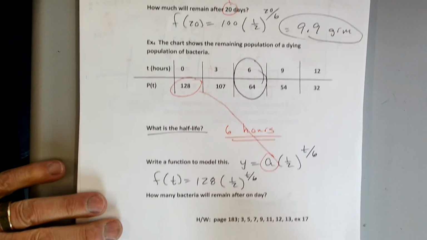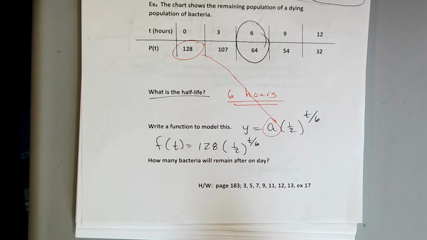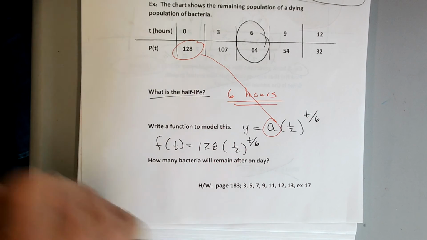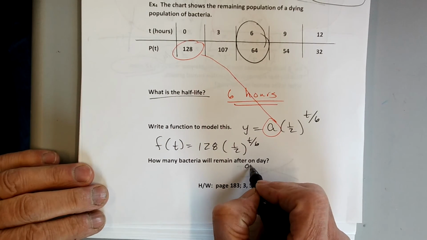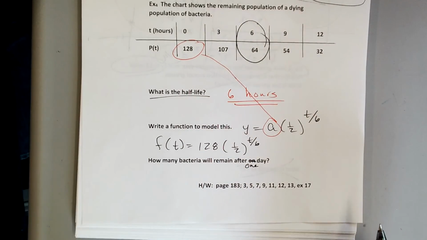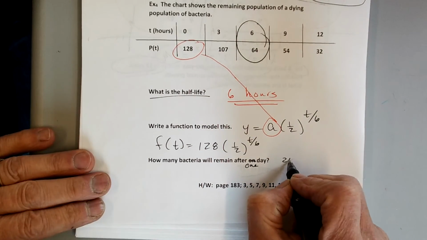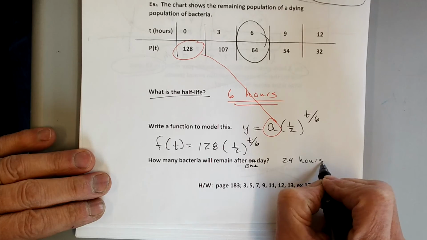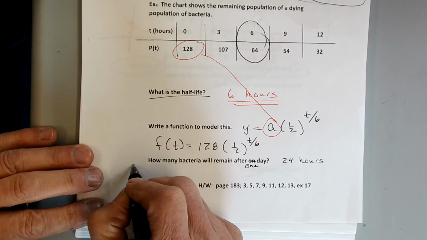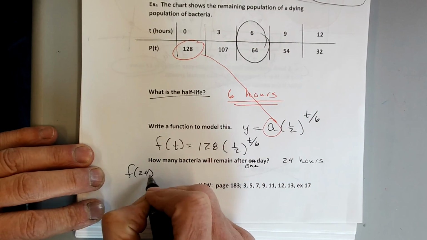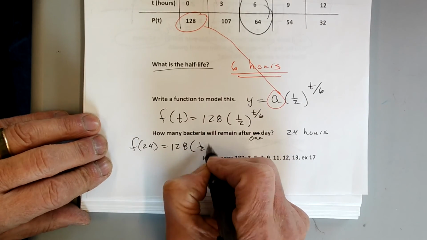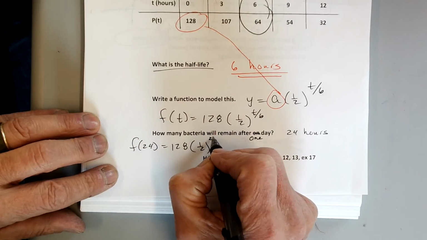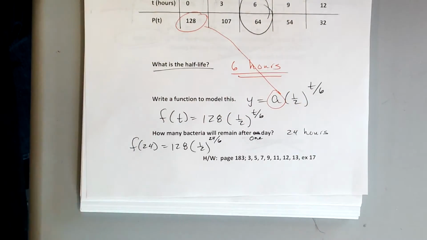Now, how many bacteria will remain after 1 day? Oh, that says 1. I do need to go back and retype this, don't I? So 1 day is 24 hours. You guys agree? I'm going to use my formula: f of 24 is equal to 128 times 1/2 to the 24 over 6.